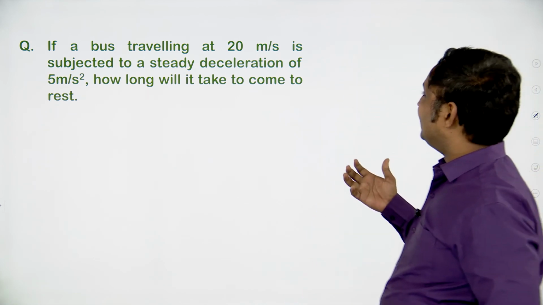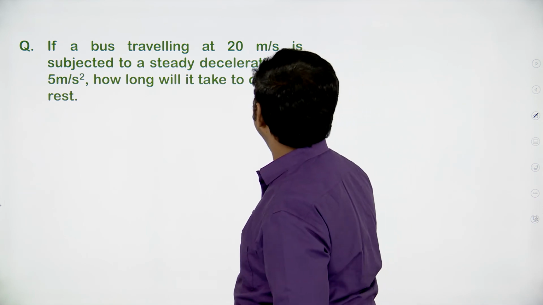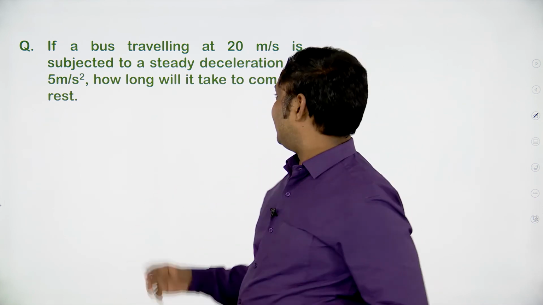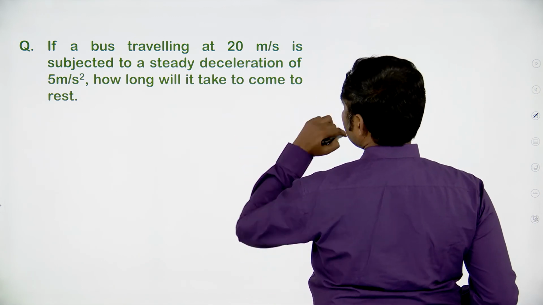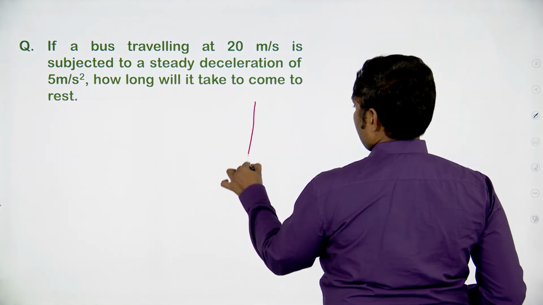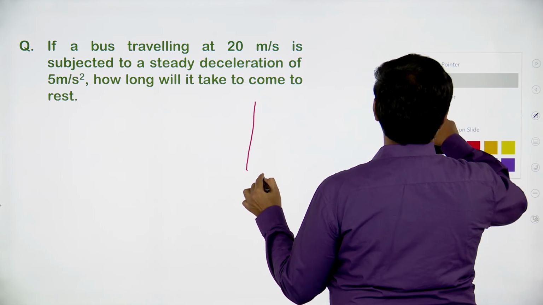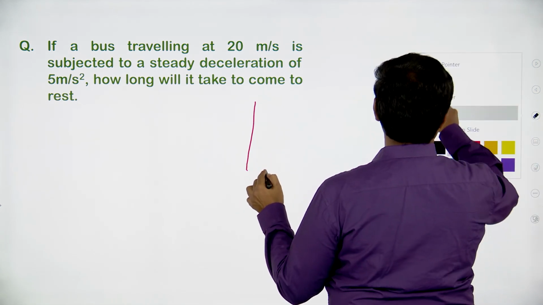A bus traveling at a speed of 20 meter per second is subjected to a steady deceleration.